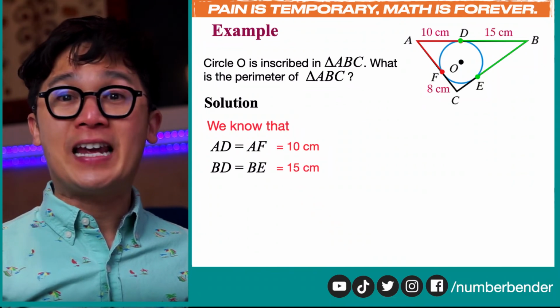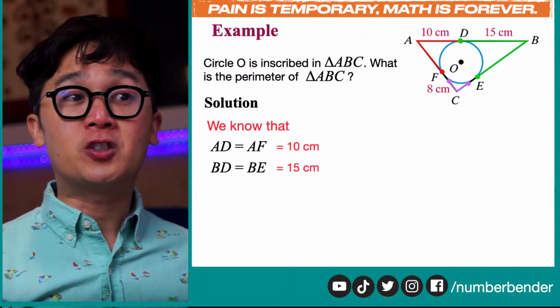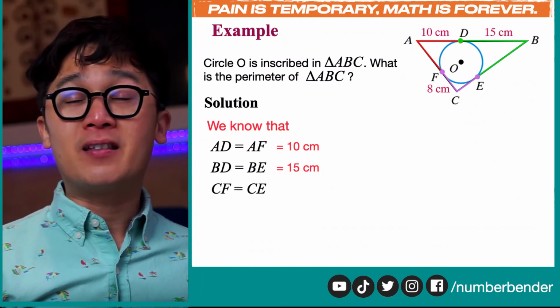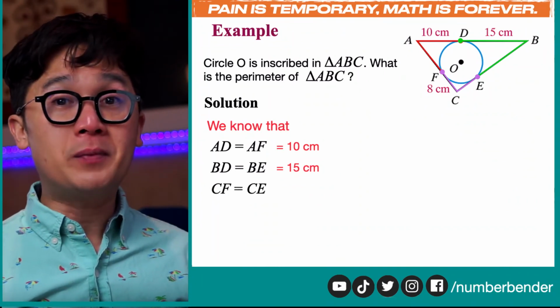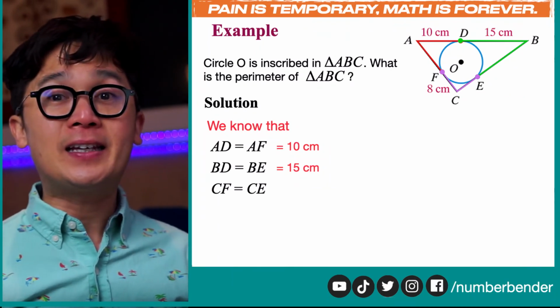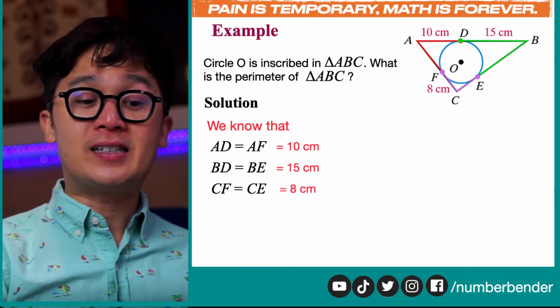And for CF and CE, which happens to share the same point for our tangent line, we can also say that they are congruent, which means if CF is equal to 8 centimeters, CE is also equal to 8 centimeters.